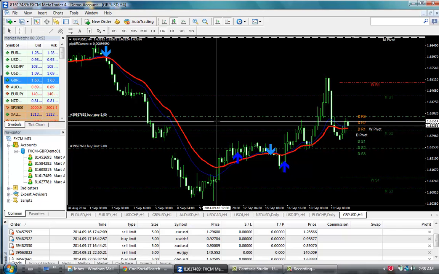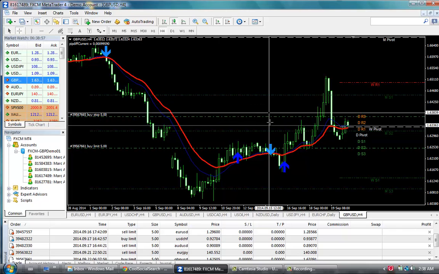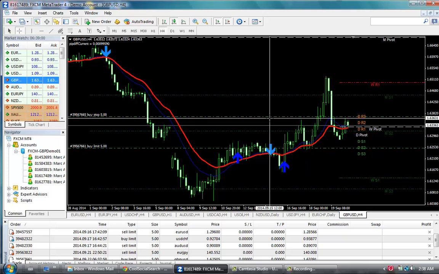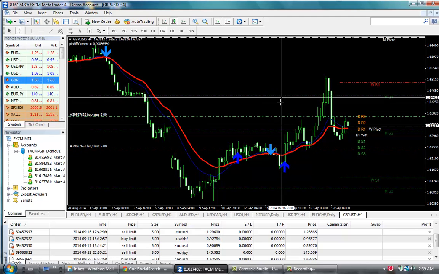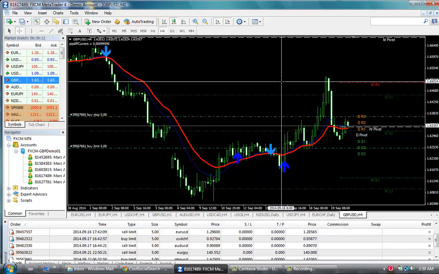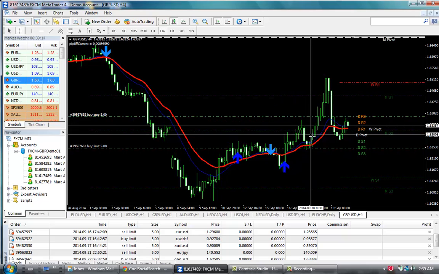If we use our cursor, right at around the 1.6363 area. So price has to come up from where it is here and hit my order before I'll be in. My target might be up here at the monthly support, the weekly resistance. And where am I going to get out?